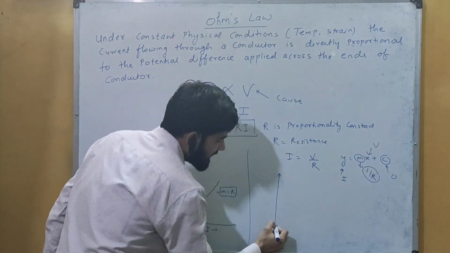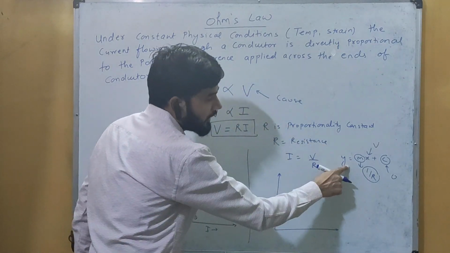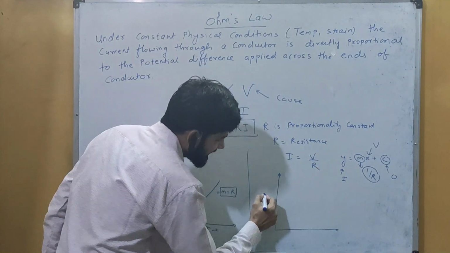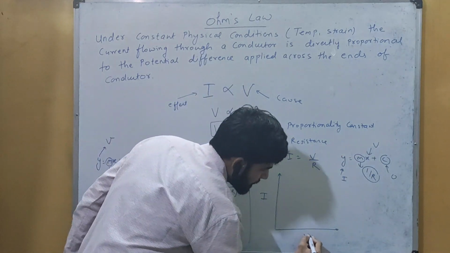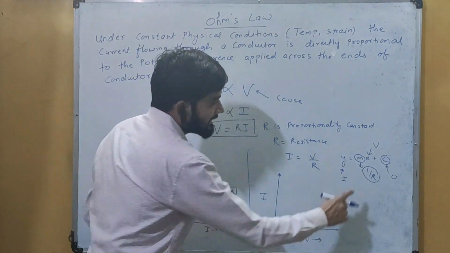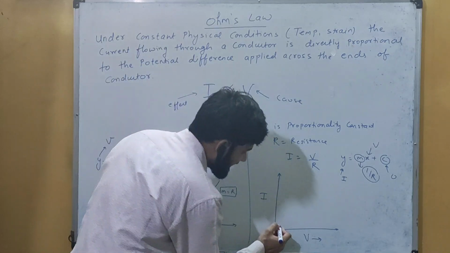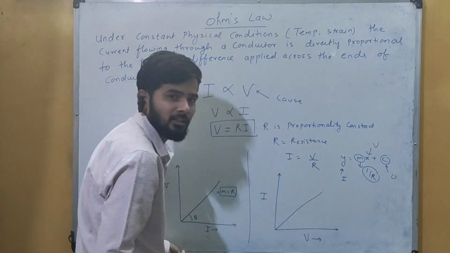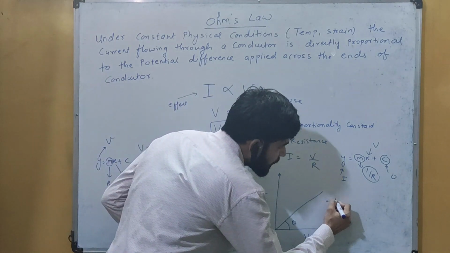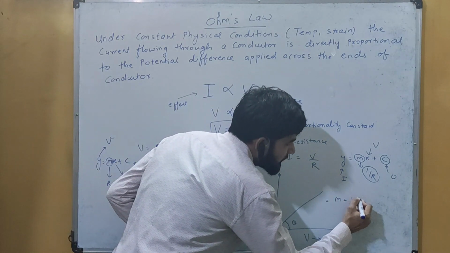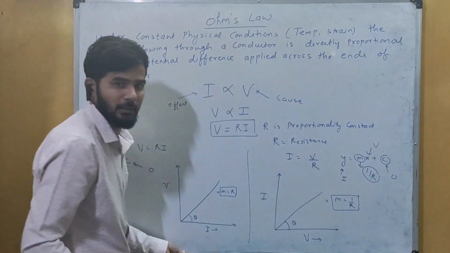It means that when we are making the graph, then on the y-axis we have to take the current I, on the x-axis we have to take the potential difference V, and whatever slope we get here, although it's a straight line, and here we are getting the angle theta, but whatever the slope here will be, that slope will be equal to 1 by R.